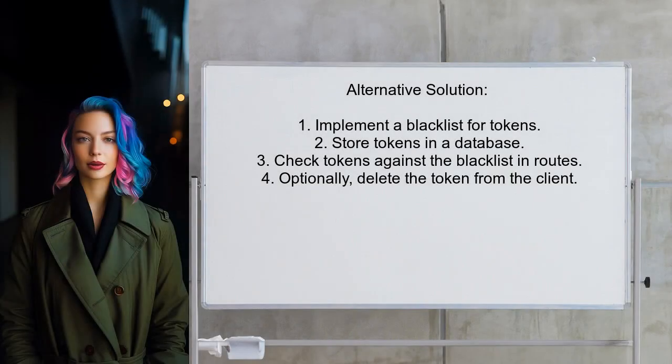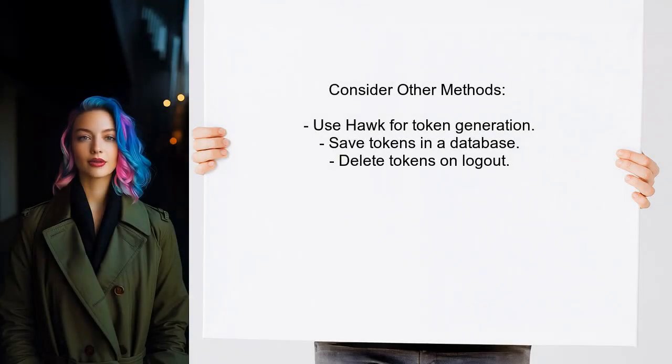This user suggests that to invalidate a JWT token, you should implement a blacklist system. This involves storing the token in a database and checking it against this list in your routes. Alternatively, you can delete the token from the client side, forcing the client to generate a new token. They also mention that putting constraints in the token payload is not advisable.